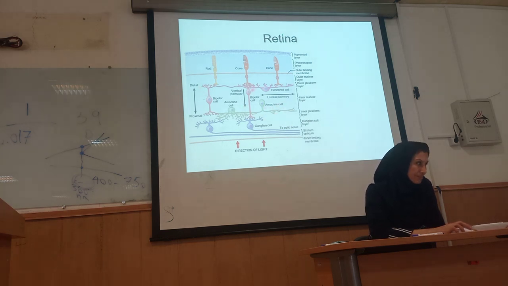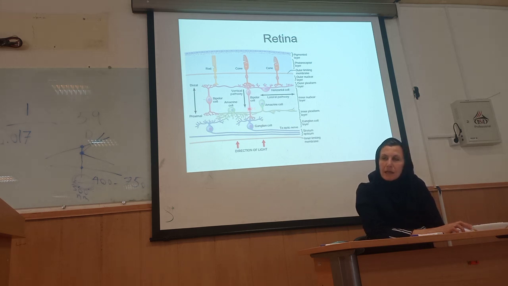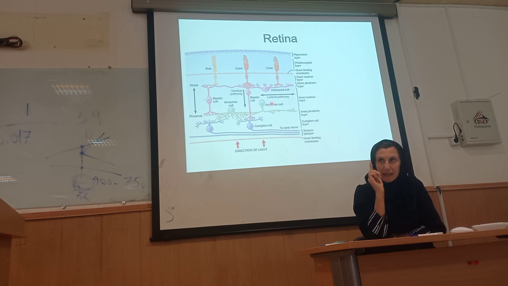Pay attention. Why is this part a compartment of the CNS? Because there are many cells here that have junctions, synapses with each other, and there is some processing of data here.